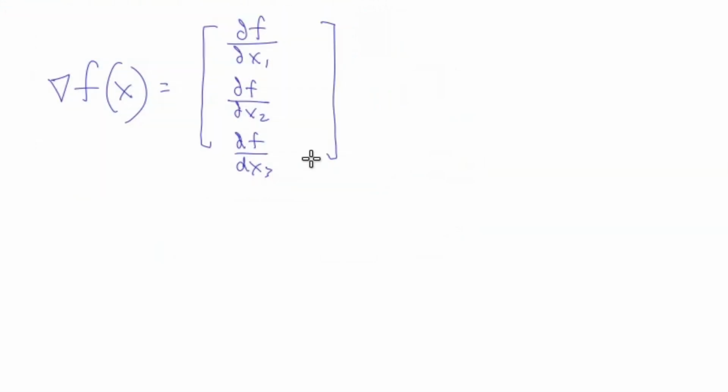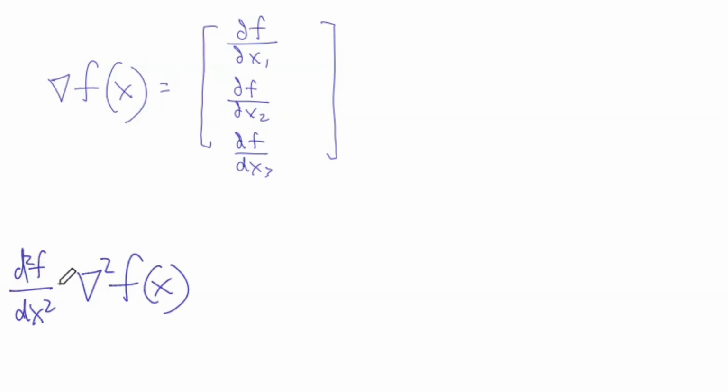This is the gradient of the function, and the Hessian of the function. Hessian is the second derivatives. You can also write it another way, but this is not common. More commonly we write this one. This is the common way of writing it.